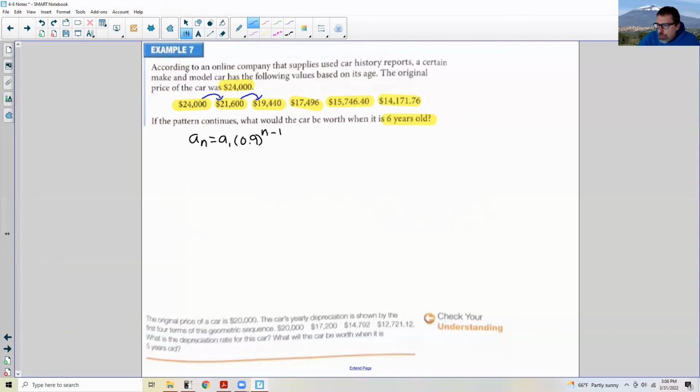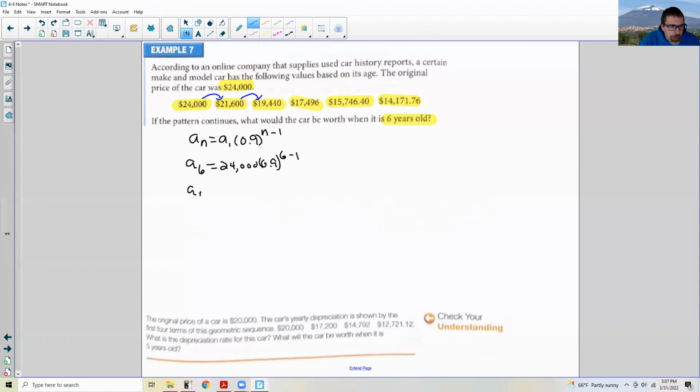Okay. So we're going to call this a sub 6 equals a sub 1, which is 24,000, times 0.9 to the 6 minus 1.